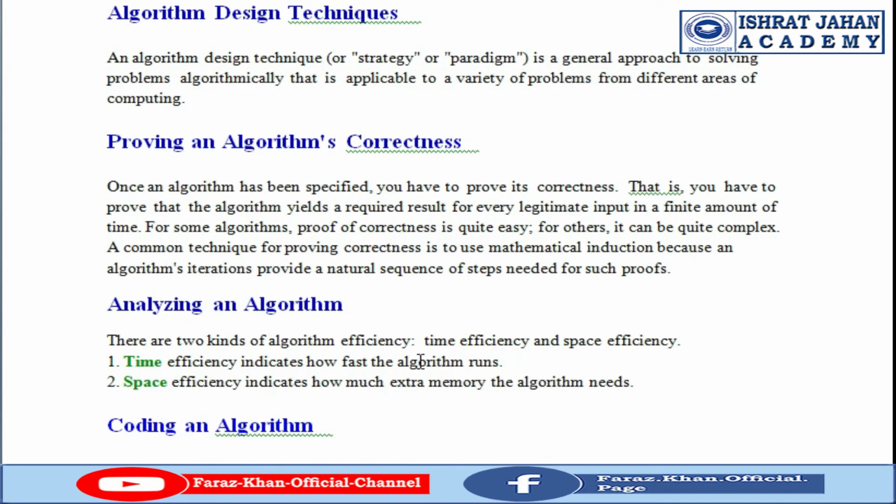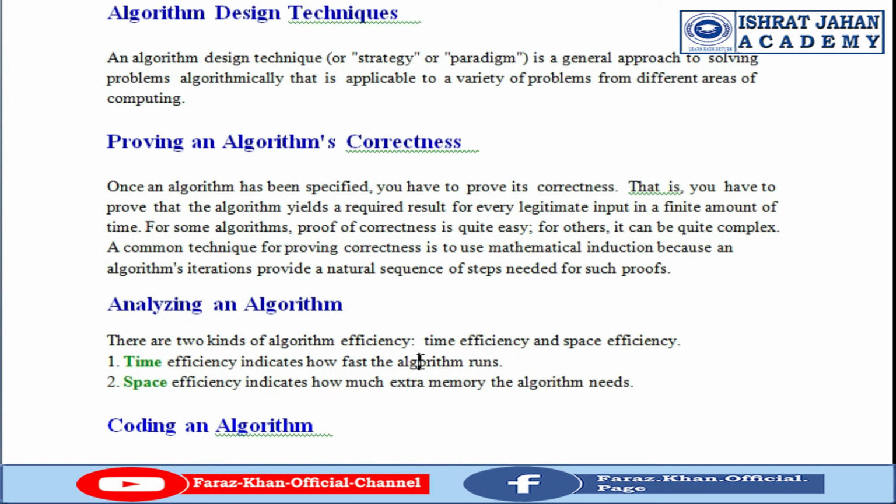So whenever we analyze the efficiency of an algorithm, the basic two parameters to analyze are time and space. Time means the computational time, how fast the algorithm runs, and space means how much extra space or memory the algorithm needs.